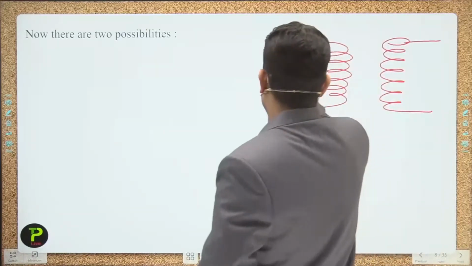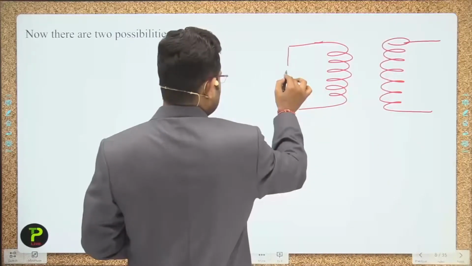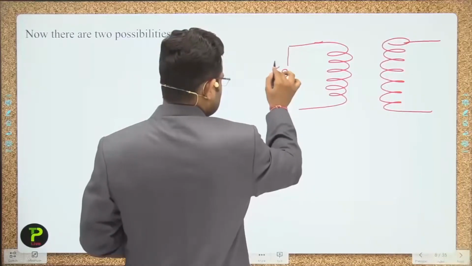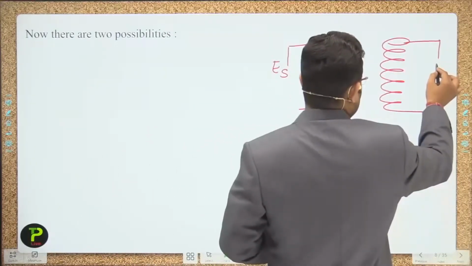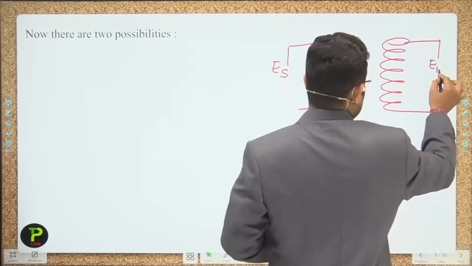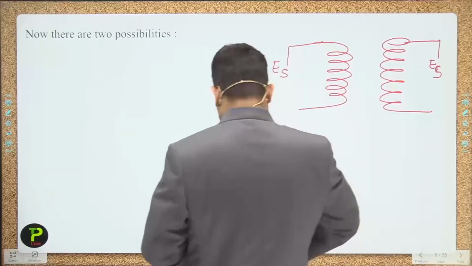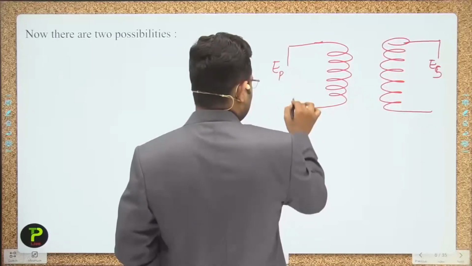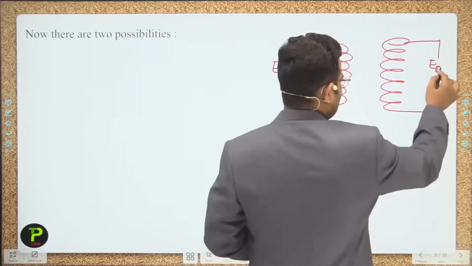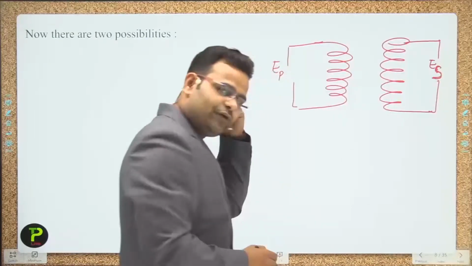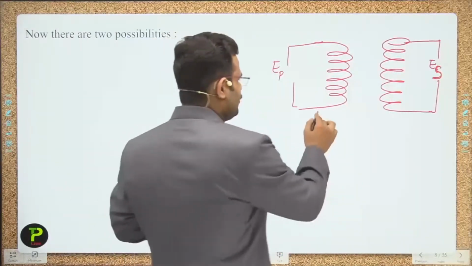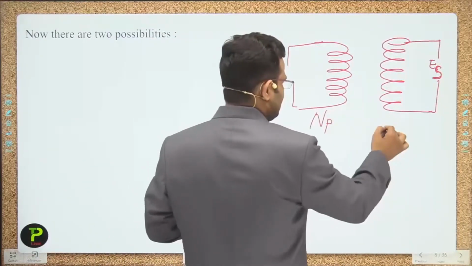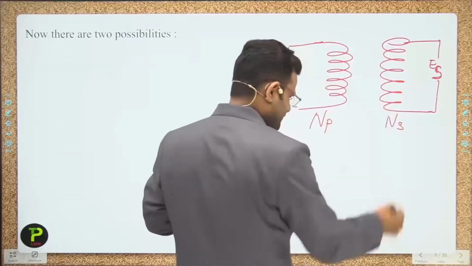In the primary coil the supply voltage is EP, and the secondary coil output is ES. That is the primary and that is the secondary. Now, if we talk about the number of turns, that is the number of primary turns and the number of secondary turns.